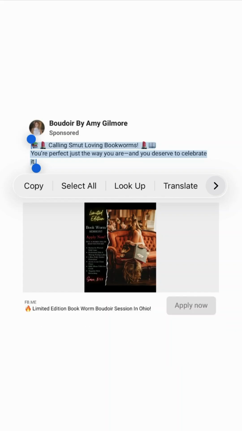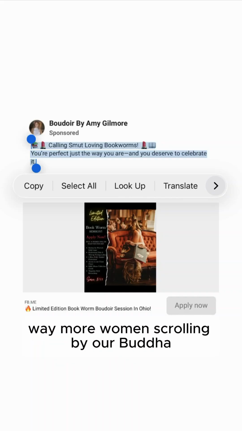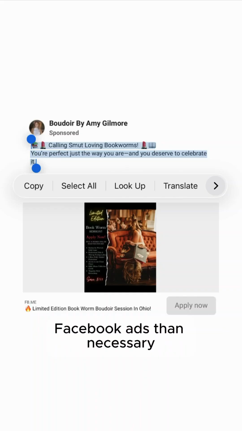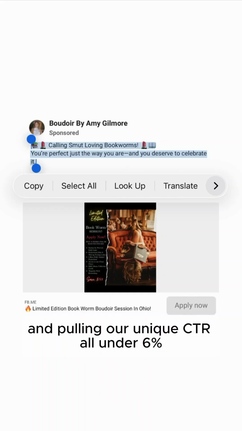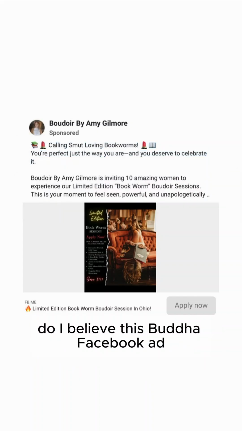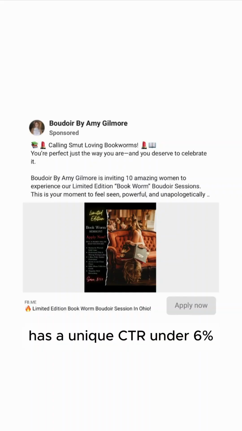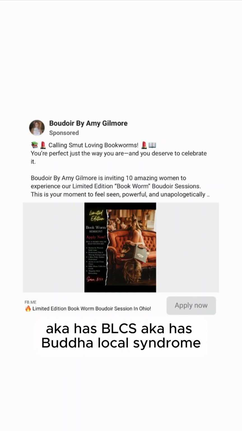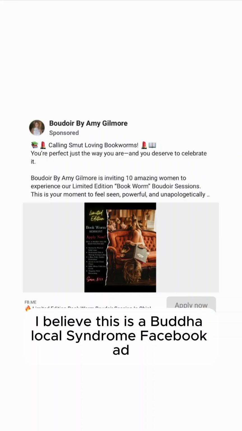But we didn't do that. So the consequence is way more women scrolling by our Boudoir Facebook ads than necessary, pulling our unique CTR under 6%, contributing to BLCS, Boudoir low click syndrome. So overall, do I believe this Boudoir Facebook ad has a unique CTR under 6%, aka has BLCS, aka has Boudoir low click syndrome? Yes, I believe this is a Boudoir low click syndrome Facebook ad.